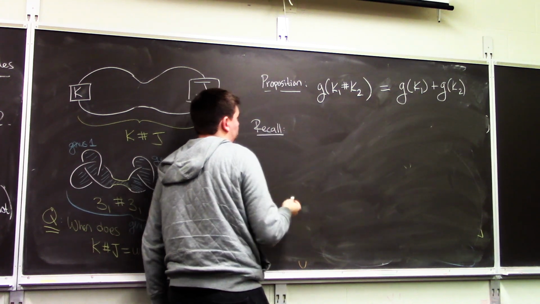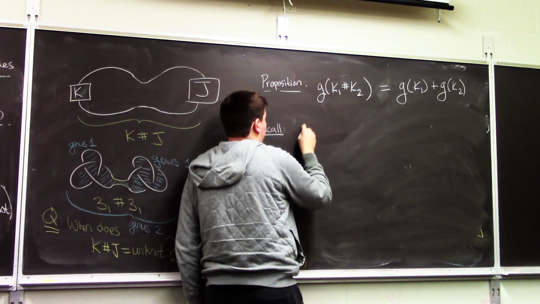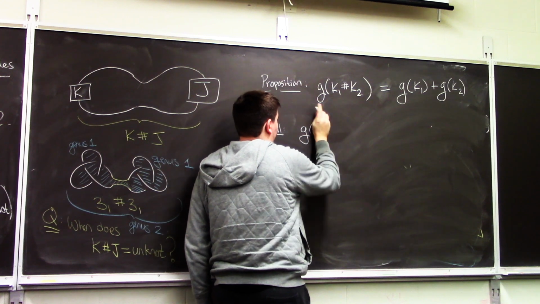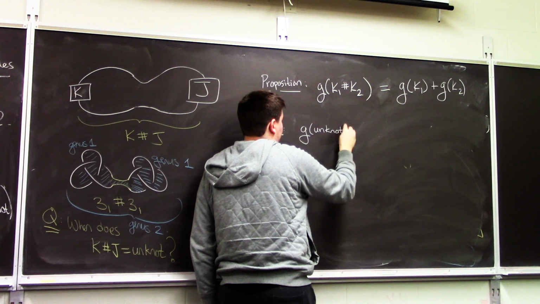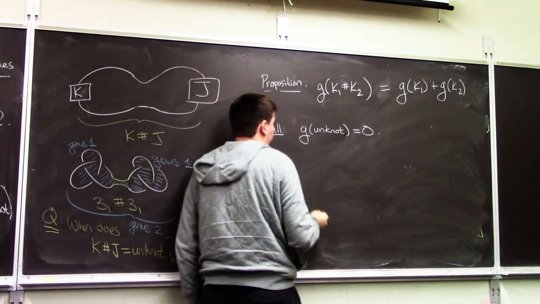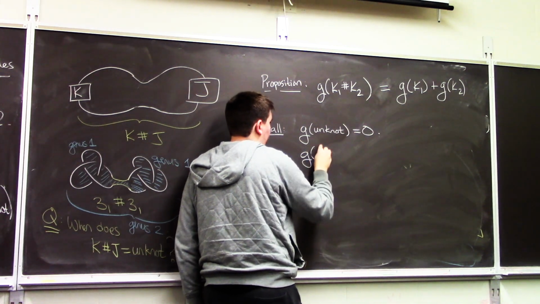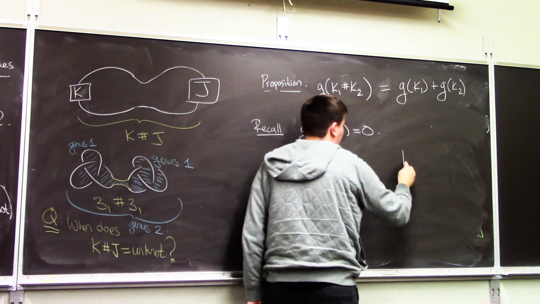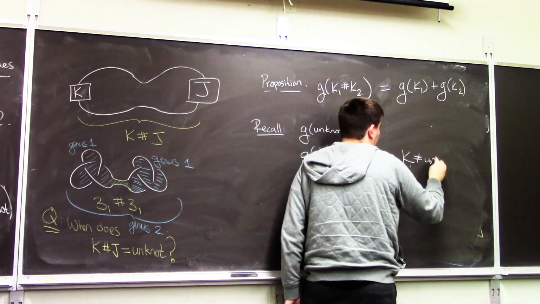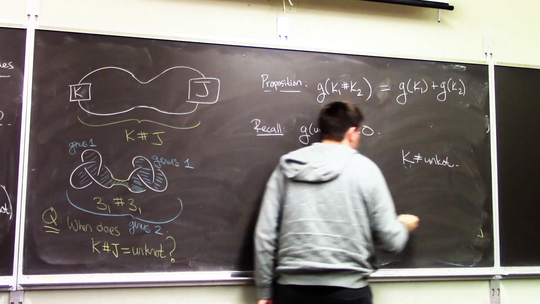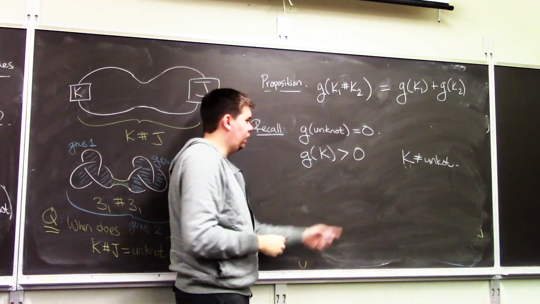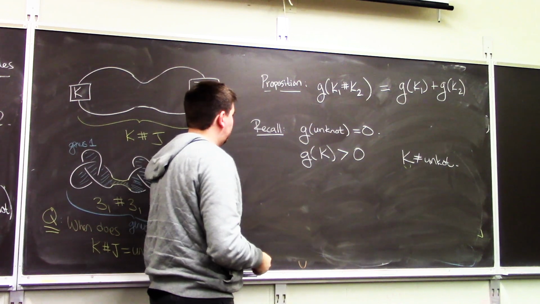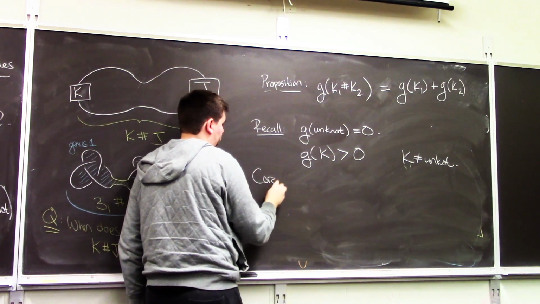Recall, the genus for the unknot, we said comes out to be 0, and the genus for any other knot, where K is not equal to the unknot, is strictly bigger than 0. It's at least 1, right? So what does that mean?